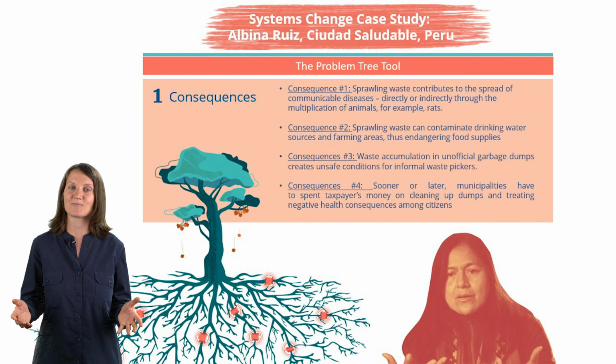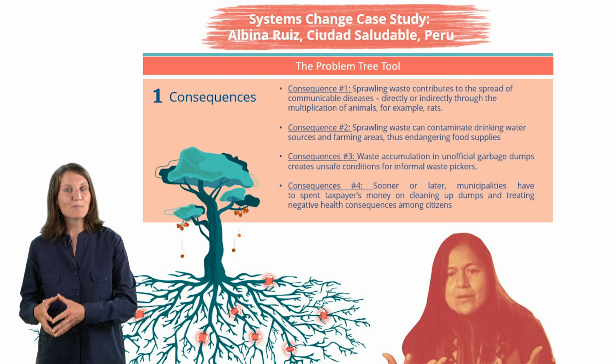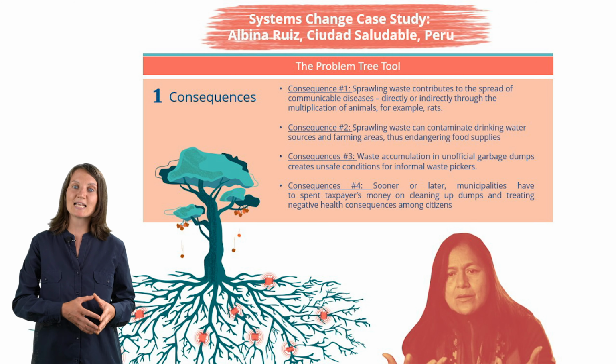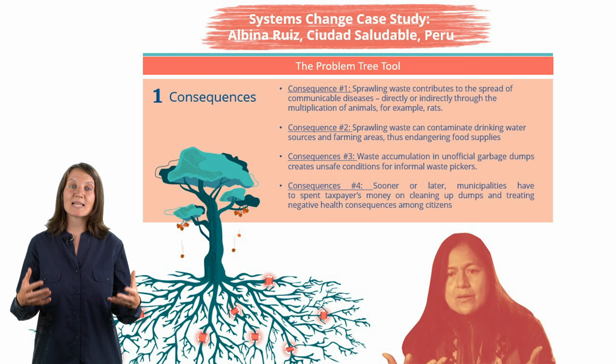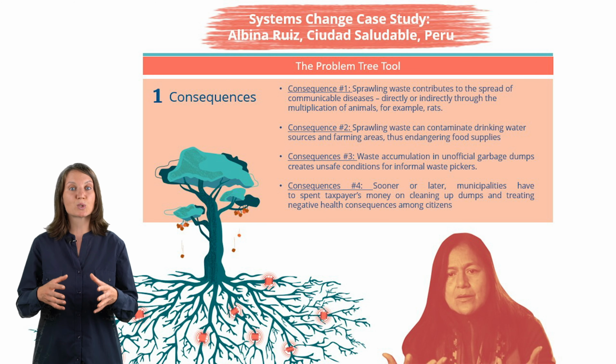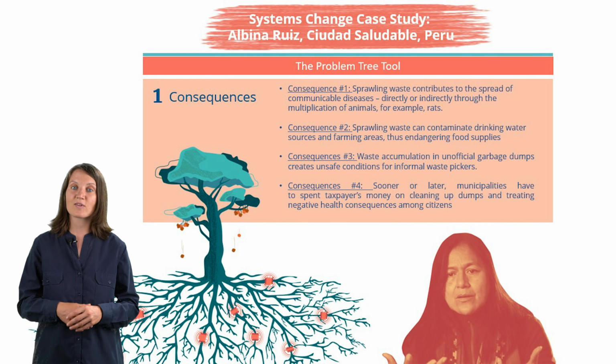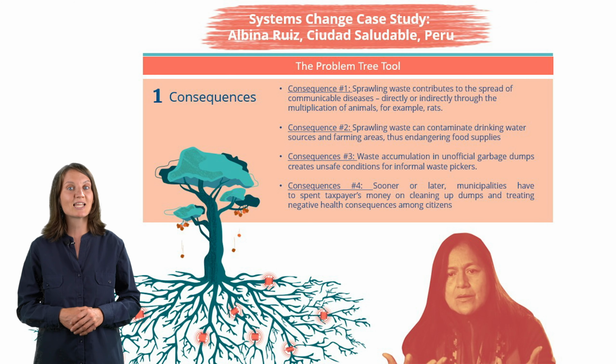To give you a bit more detail, Albina's impact data from 2009 showed that failing to collect recyclable waste in the amount equivalent of Peru's national soccer stadium leads to about $250,000 a year in cleaning costs for municipalities.